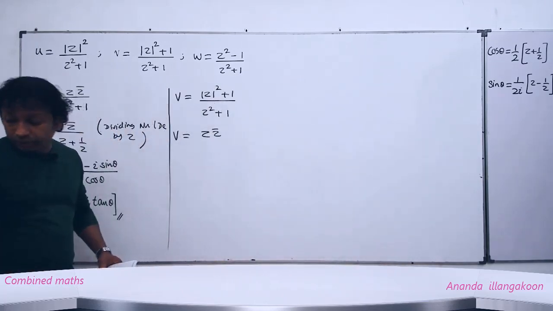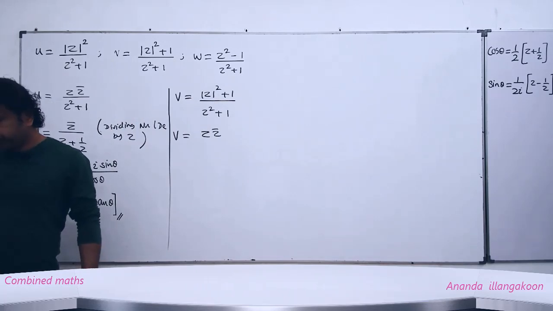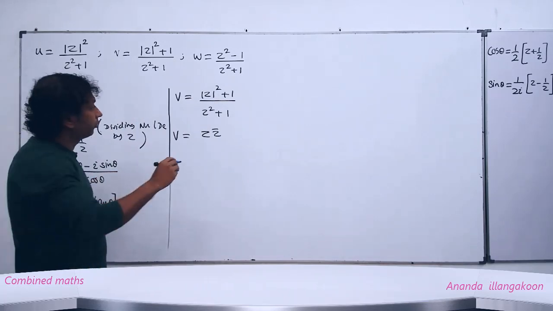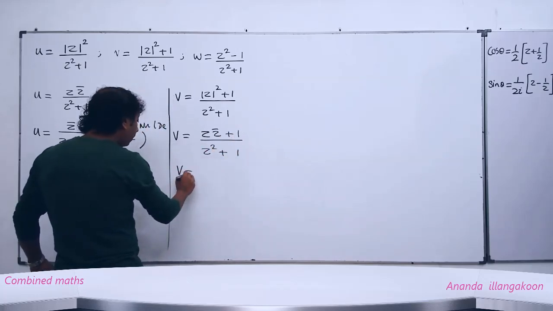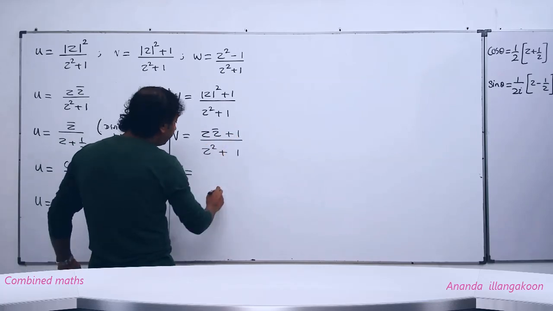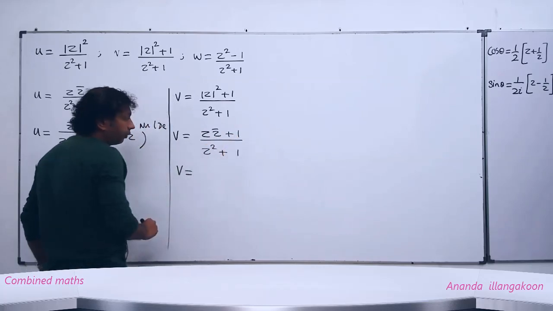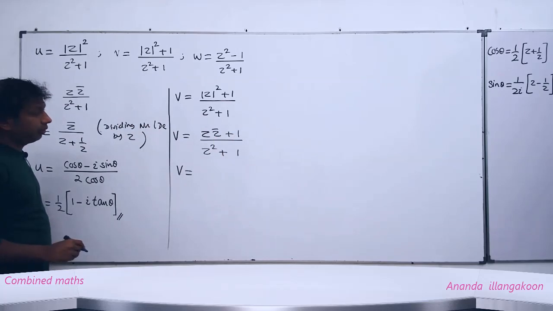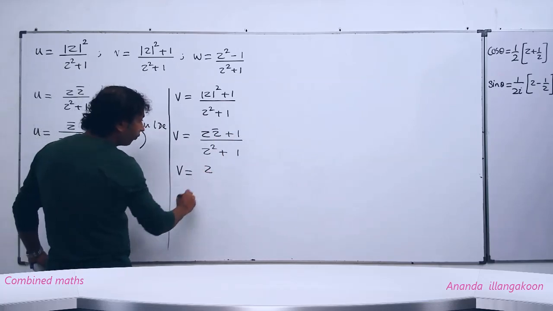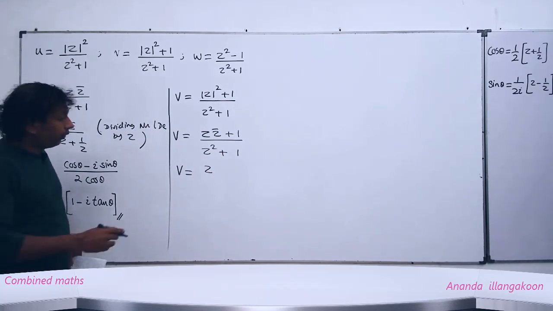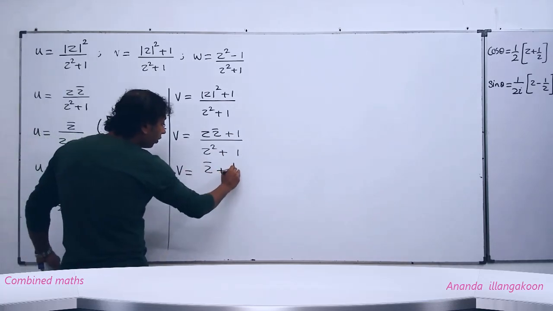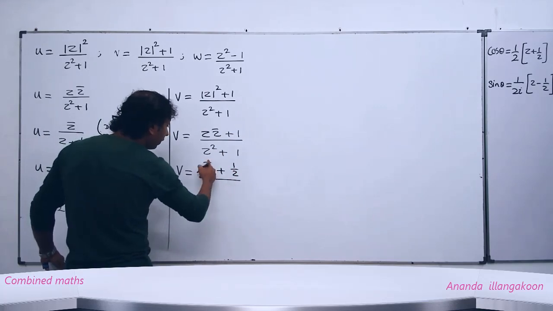Now, plus 1 divided by z² + 1. Then again, I divide the numerator and denominator by z. Then we get v equals z̄ + 1 upon z divided by z + 1 upon z.